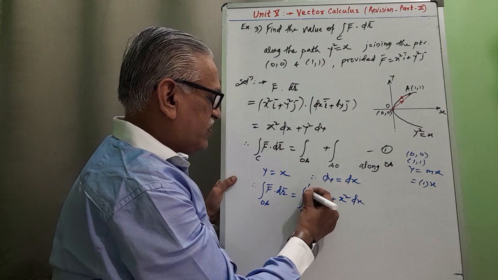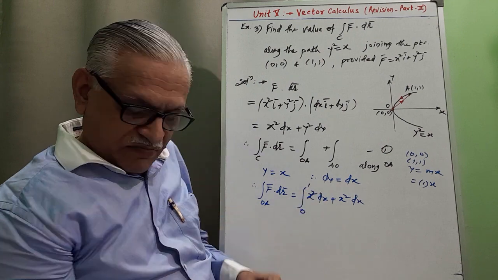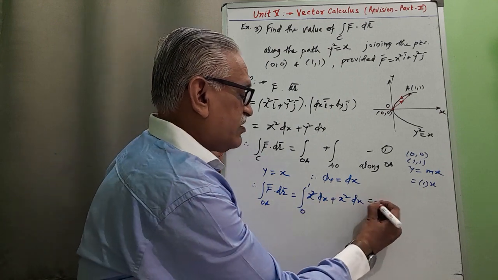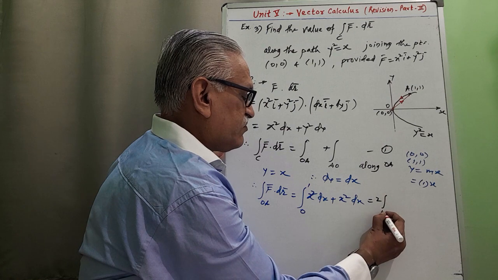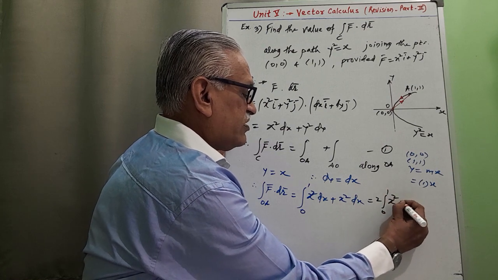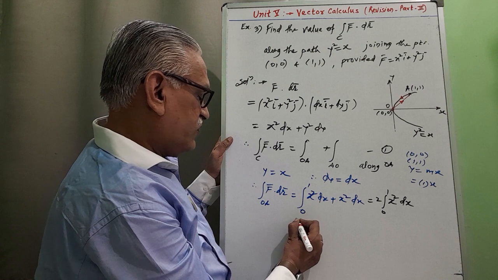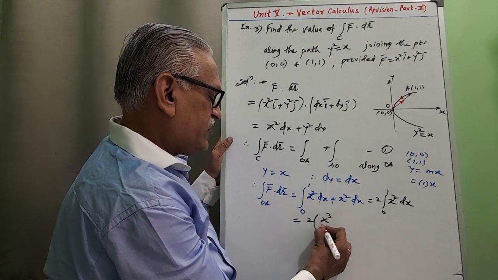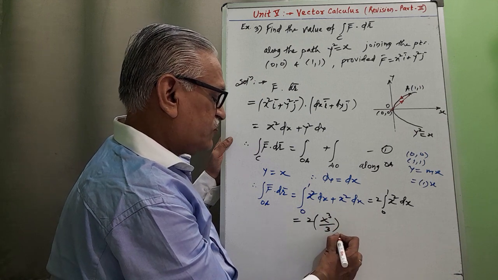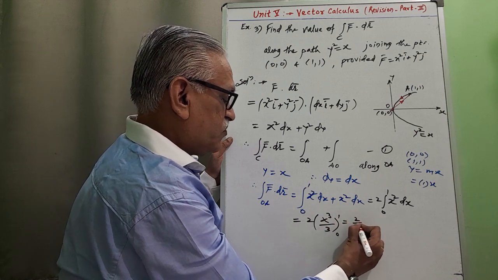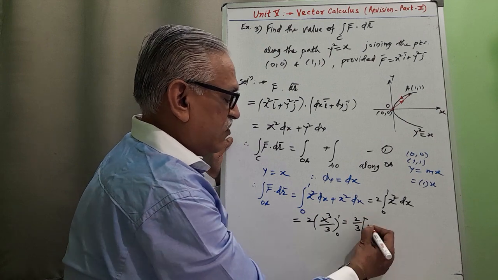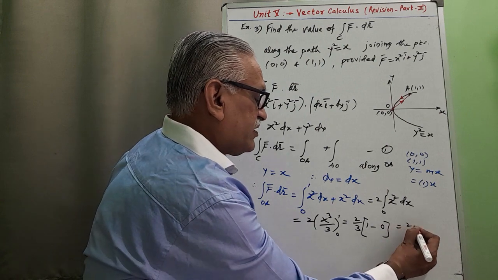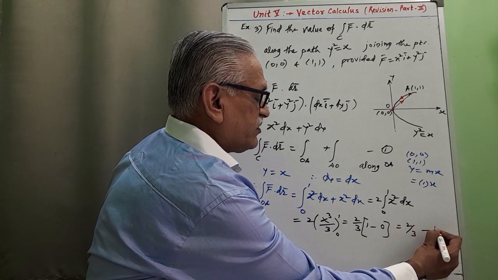So x square plus x square gives 2x square; taking 2 outside, 2 times the integral from 0 to 1 of x square dx, which is 2 times x cube by 3 from 0 to 1, which is 2 by 3. The value is 2 by 3. We call this equation 2.